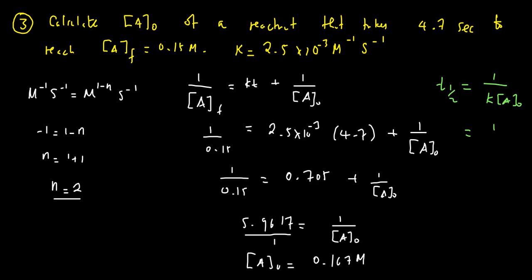So it should have been 1 over 2.5 times 10 to the power negative 3, multiplied by the initial concentration you've just calculated, 0.167. Whatever that gives you will be the half-life, in seconds. So that is how you work out these things. Very easy to apply. Just something for you to think of.